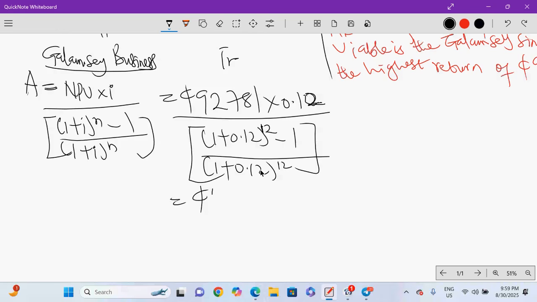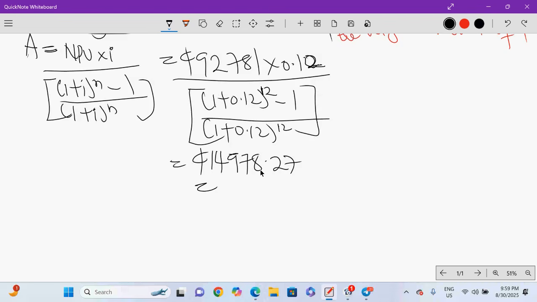I'm getting 14,978.27. That is for the Galamsey.